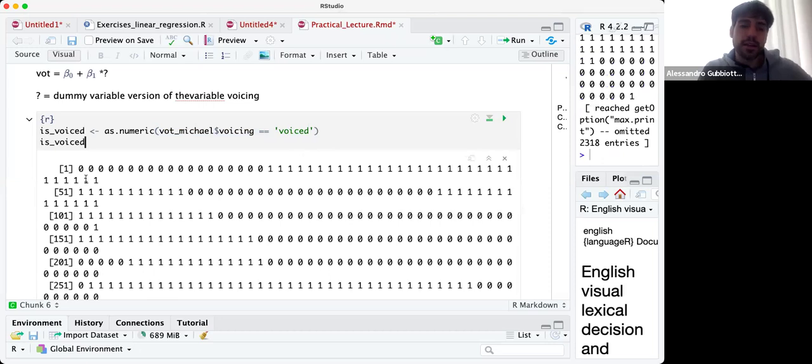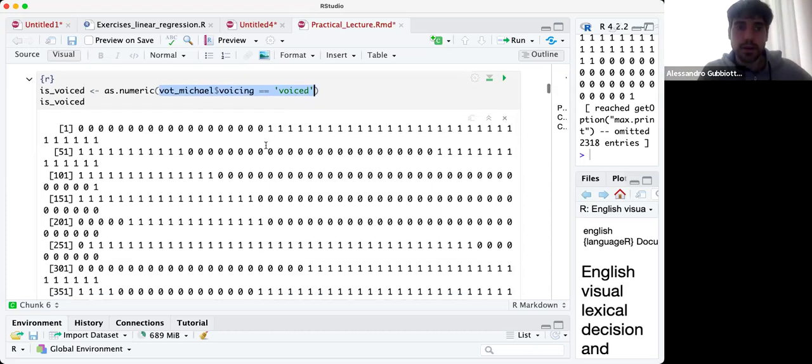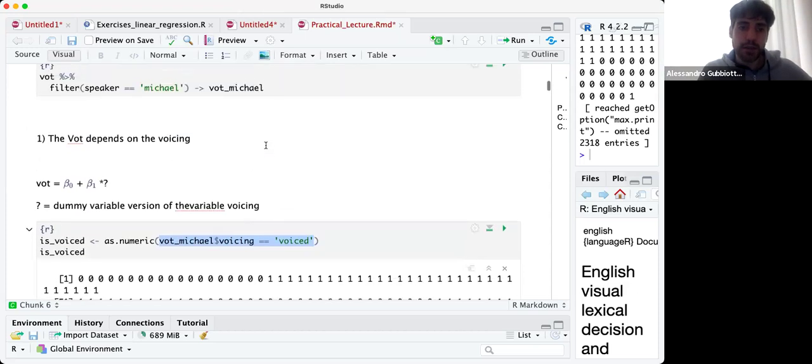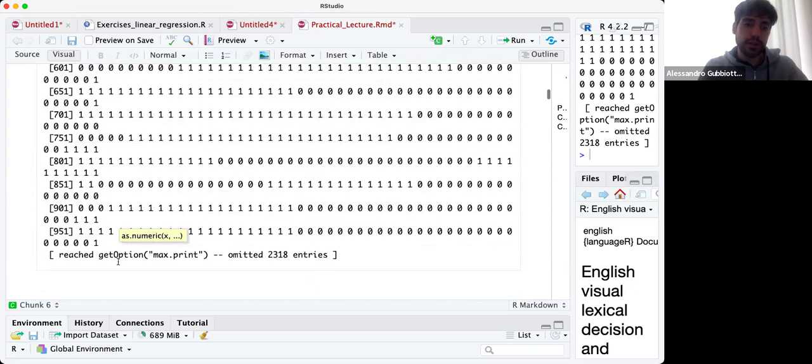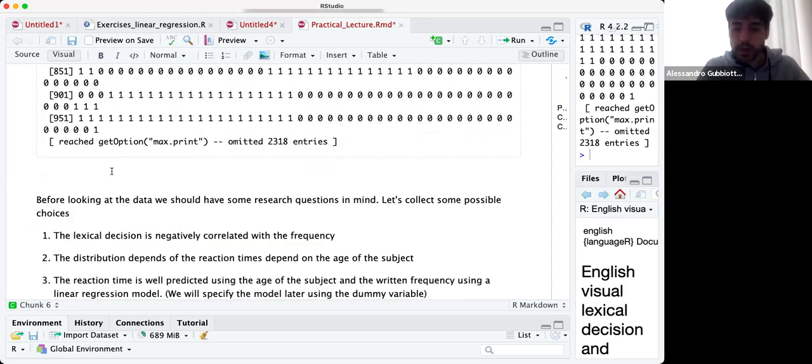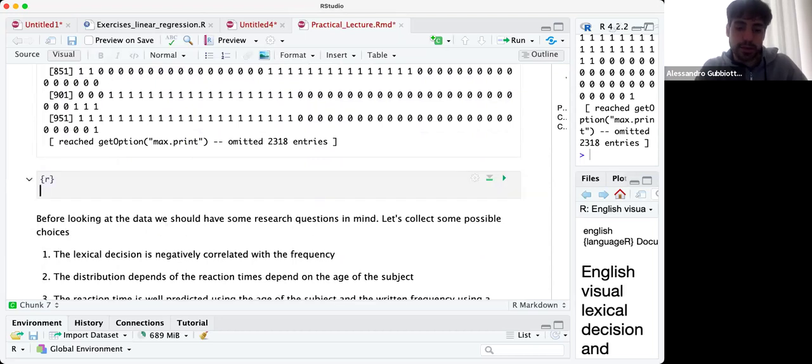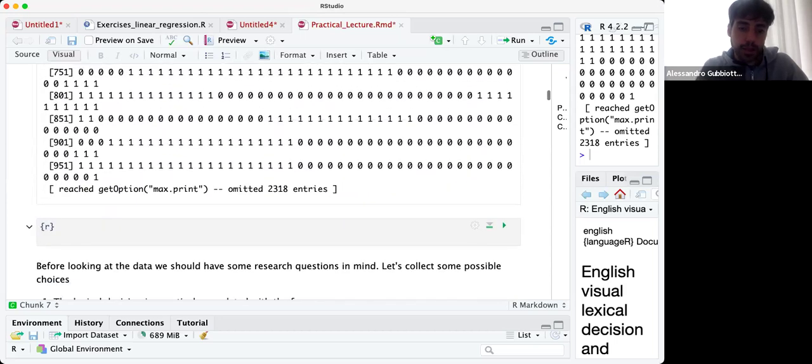Yes, 0 is equal to false, meaning the condition is false, so it's a voiceless consonant. Having defined this variable, where we put a 0 or a 1 depending on whether the consonant is voiced or voiceless, let's attach this column to the data.